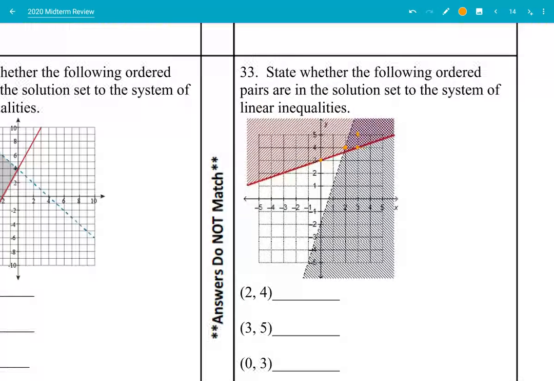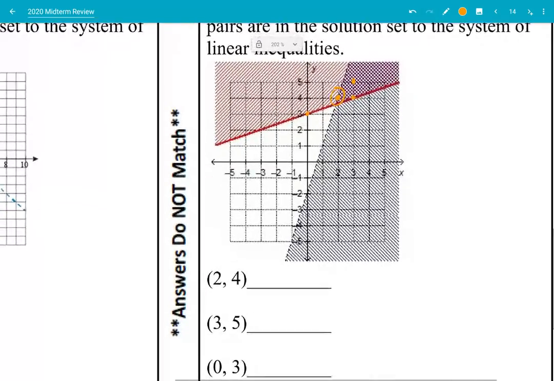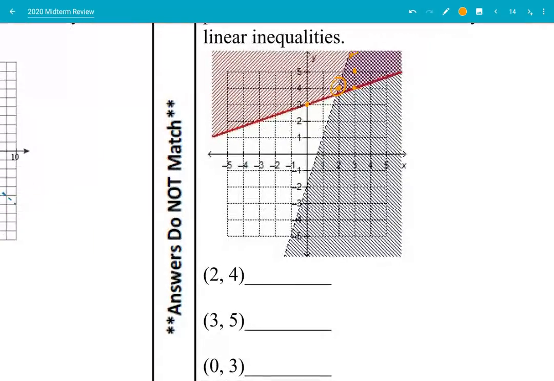2, 4. That's this one. Is that in the solution set? That is on a dashed line, my friends. This is the solution set right here, all of this, where the two shaded regions cross. So that one's on a dashed line, so that's a no. 3, 5.